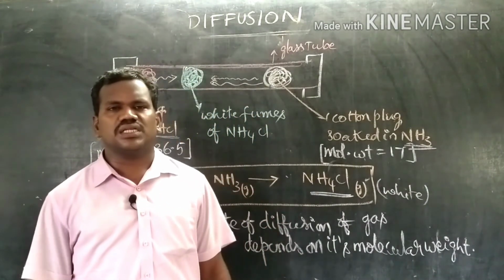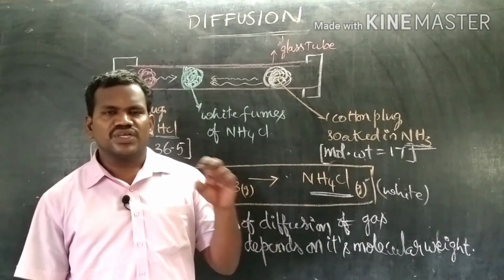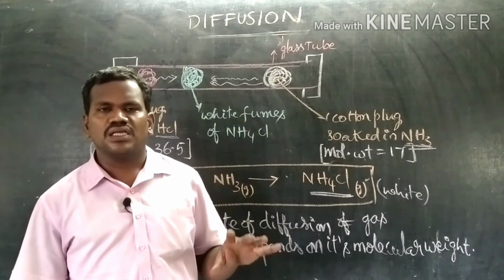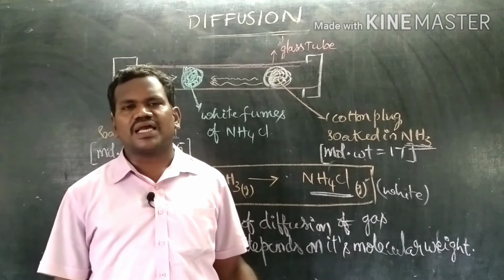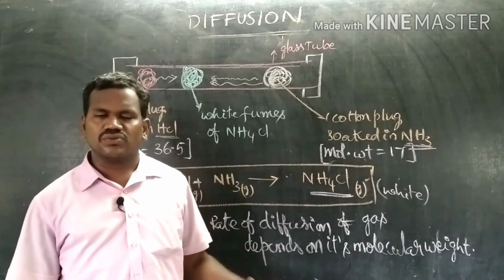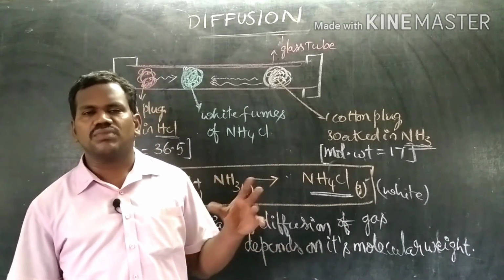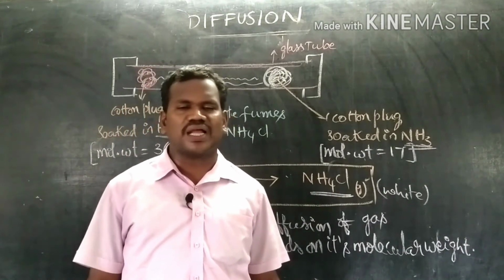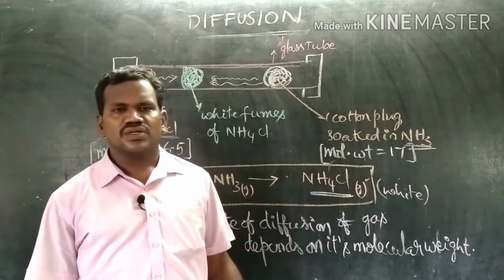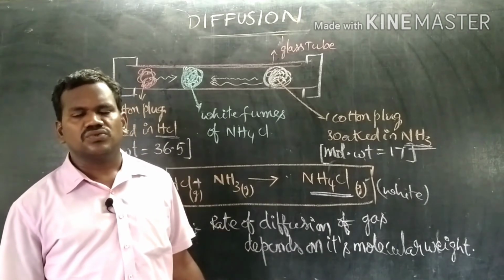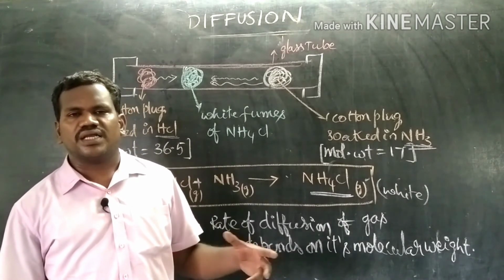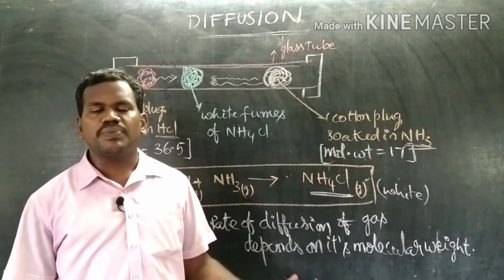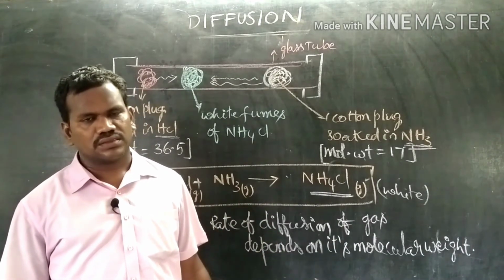Generally bromine is red in color. If you release the bromine into the space, we can observe the spreading of bromine gas into the space. Why? Because of its molecular weight, there is a rapid process of expansion. From this activity, we proved that the rate of diffusion of different gases depends on their molecular weight.